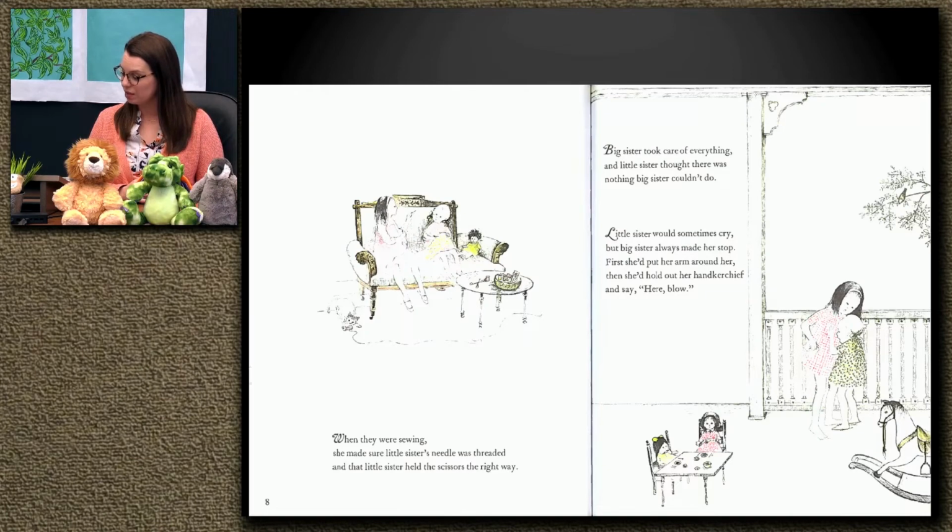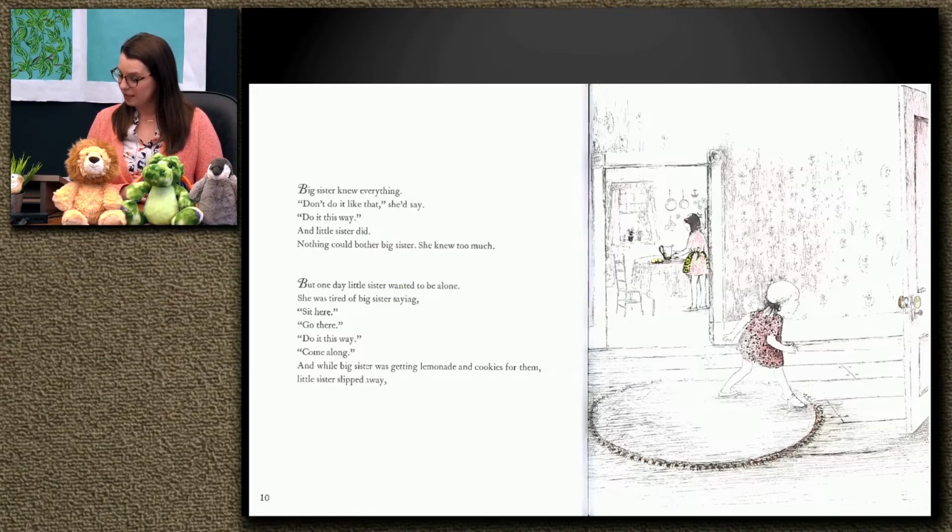Little sister would sometimes cry, but big sister always made her stop. First, she put her arm around her, then she'd hold out her handkerchief and say, "Here, blow." Big sister knew everything. "Don't do it like that," she'd say. "Do it this way." And little sister did.